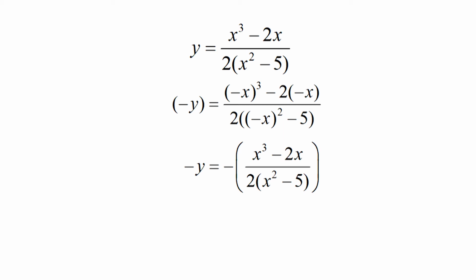We have the equation y is equal to x cube minus 2x whole divided by 2 into x square minus 5, which is not altered when x and y are replaced by minus x and minus y. Hence, the graph is symmetric about the origin.